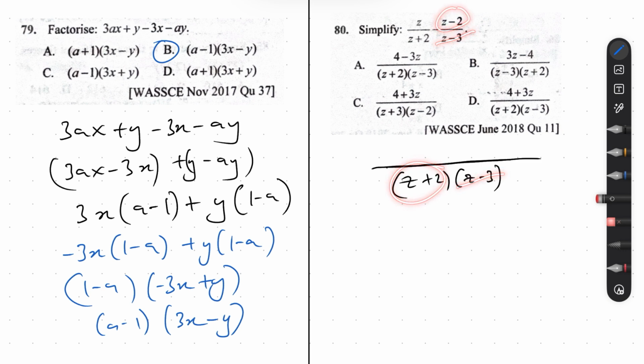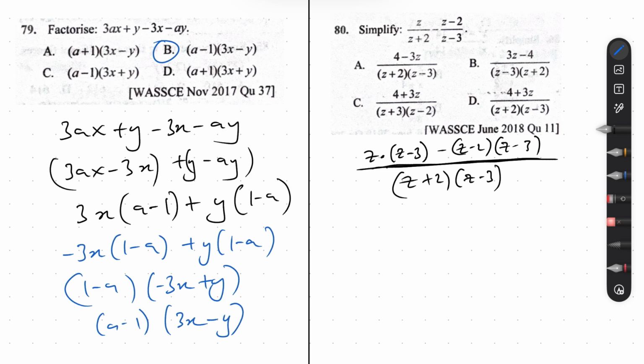Okay, so let's do that. So we have z multiplying z minus 3 minus z minus 2 multiplying z minus 3.